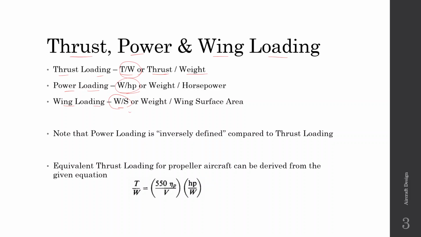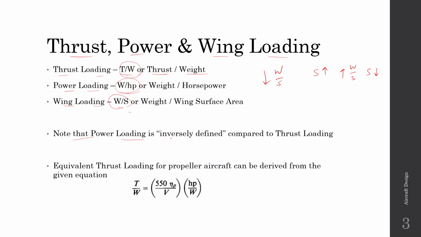Usually the aircraft weight is fixed during the design phase, so mainly the surface area changes. If your wing loading is low, the surface area is larger, and if wing loading is high, the surface area is lower.